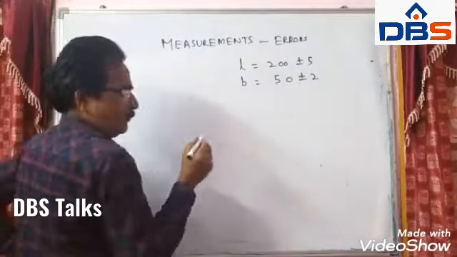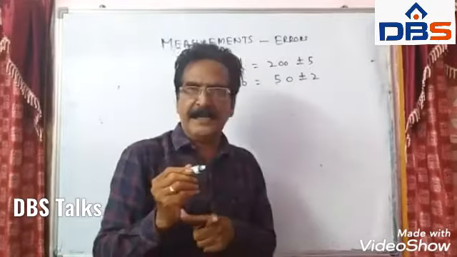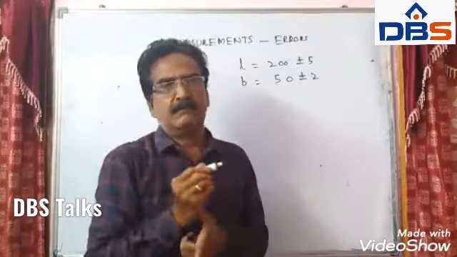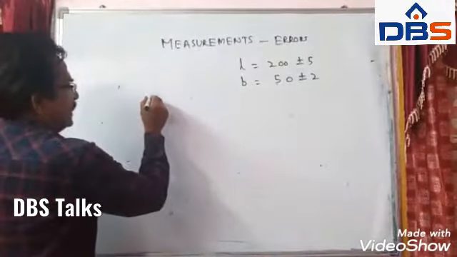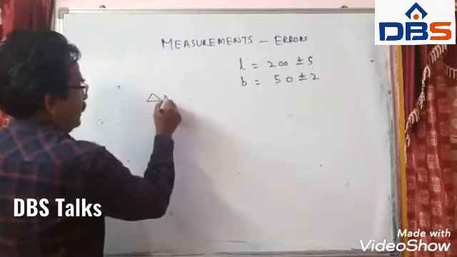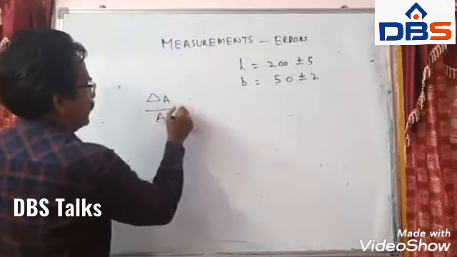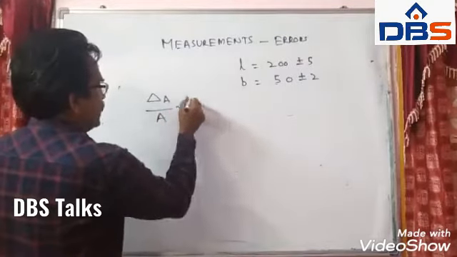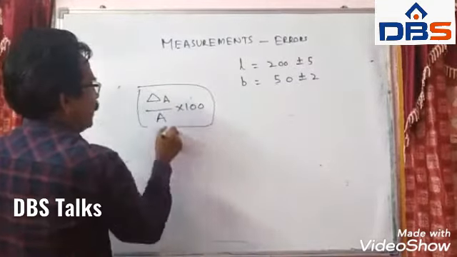See friends, we have to find delta A by A into 100. Percentage error in area is delta A by A into 100.